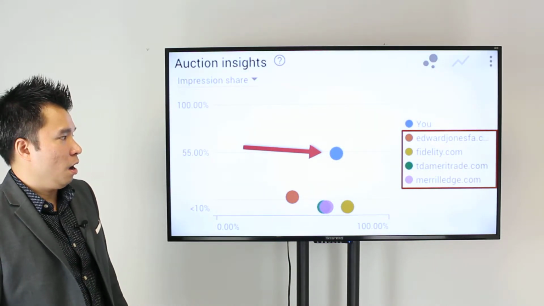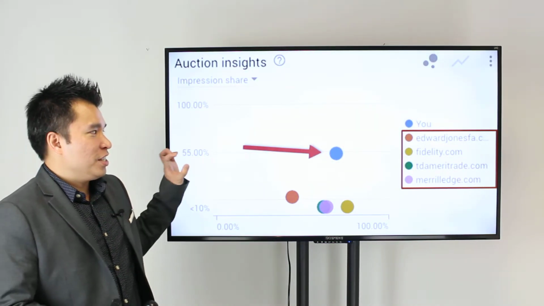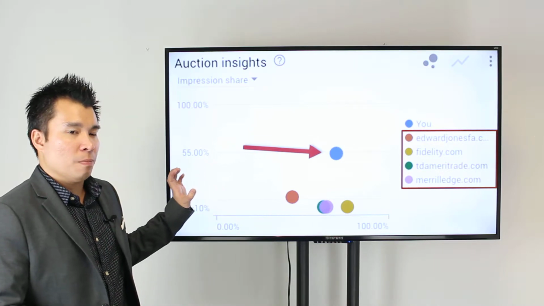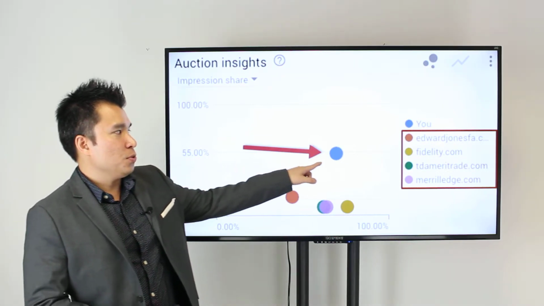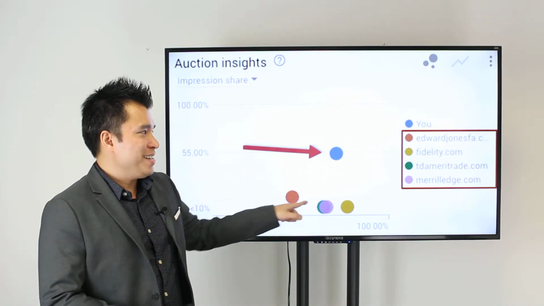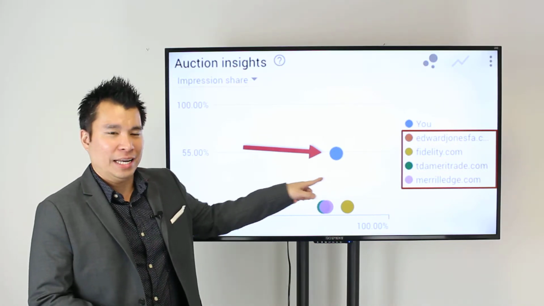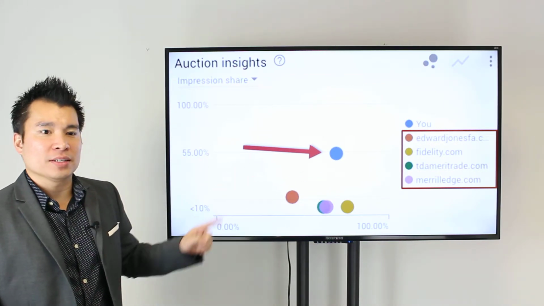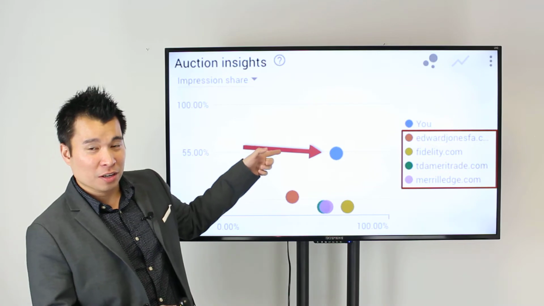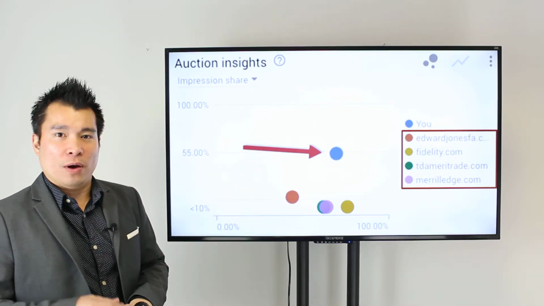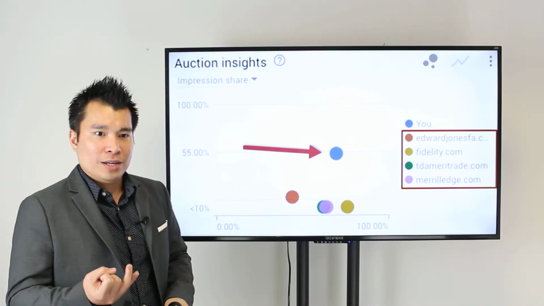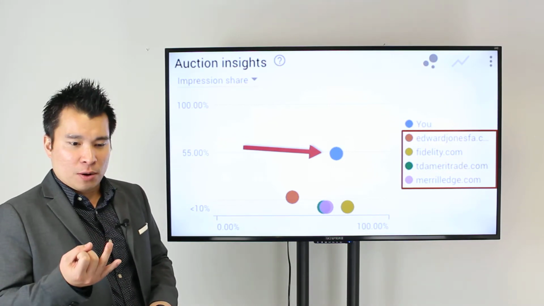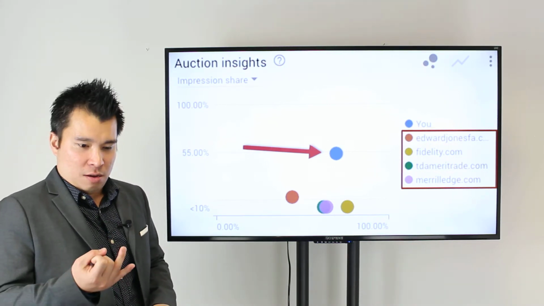And one more thing: this is the graph where we were able to beat all of the big four at their own games. Big four, I mean at least in the wealth management space. We are talking about Edward Jones, TD Ameritrade, Fidelity, Merrill Lynch.